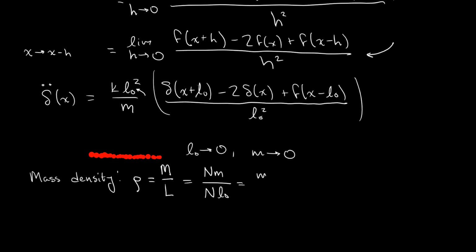So you can see this is just m over L naught. So if I just fix this rho, this mass density, I fix that to be constant as I take both m and L naught to 0.